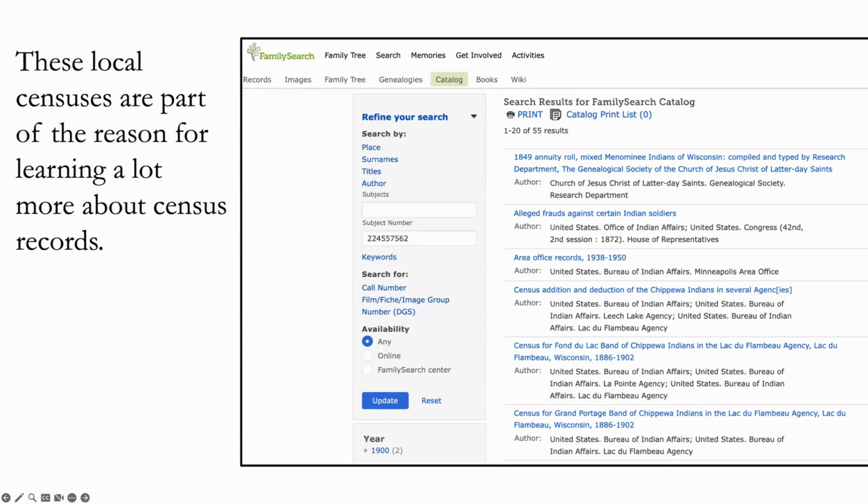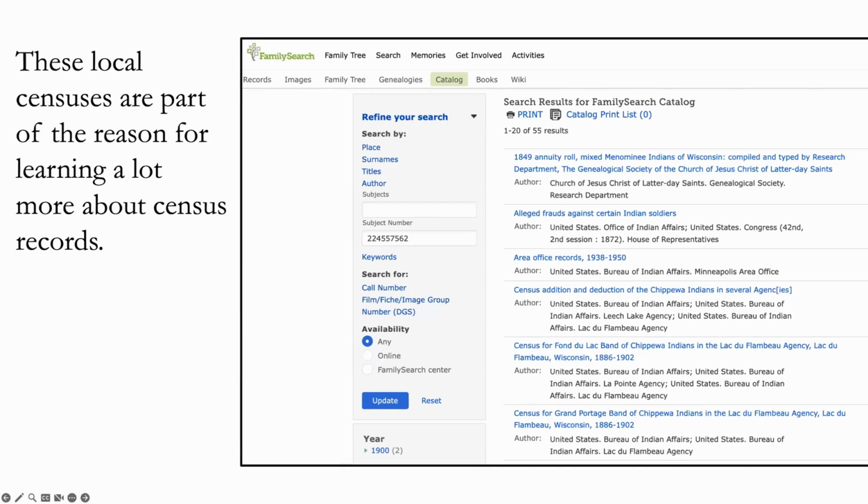At the BYU library, where we have a lot of computers, you can go from one computer to another and see the old catalog and the new catalog and then the old catalog. So it may take a couple more weeks or months to get everything onto the new catalog in all the different parts of Family Search.